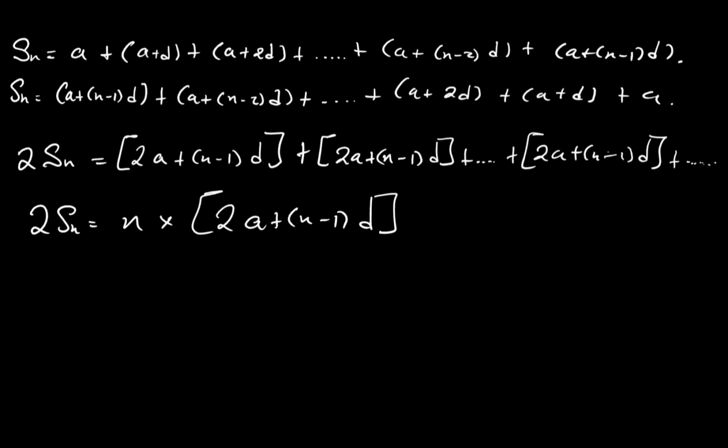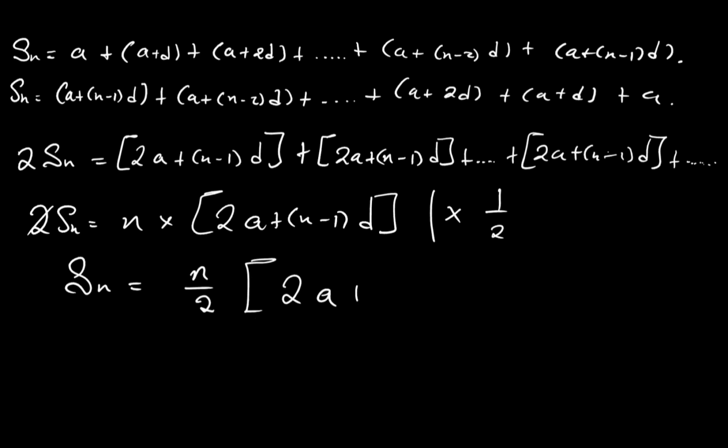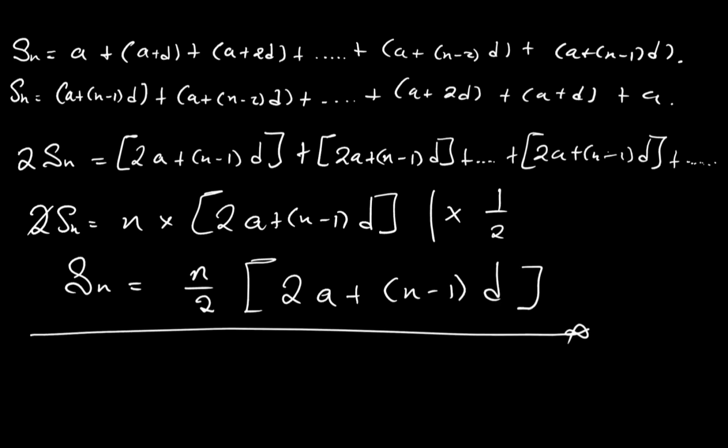Now remember, we're looking for S sub n, so we're going to multiply by half, which means dividing throughout by 2. So the 2 cancels with that. So we have S sub n is equal to n over 2 open square brackets 2a plus (n minus 1)d, and we have derived. If we're told to show it, the other word means shown.